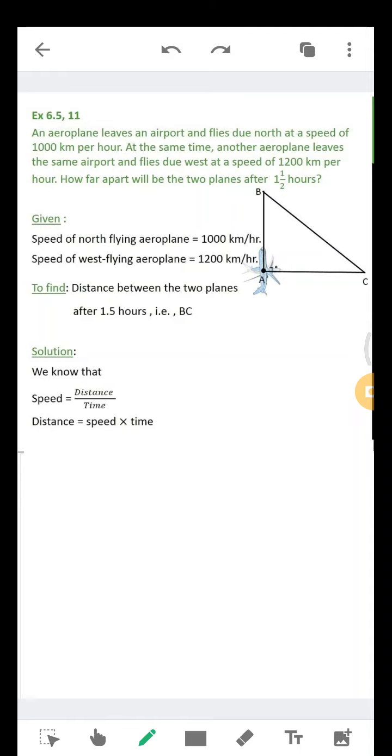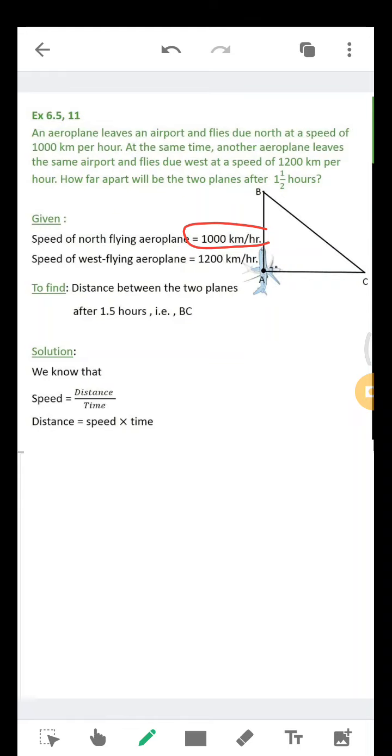We know that speed is equal to distance by time. You might have learned this in science also. So we'll apply distance is equal to speed into time. Here, this is the speed of the aeroplane, this is not the distance.